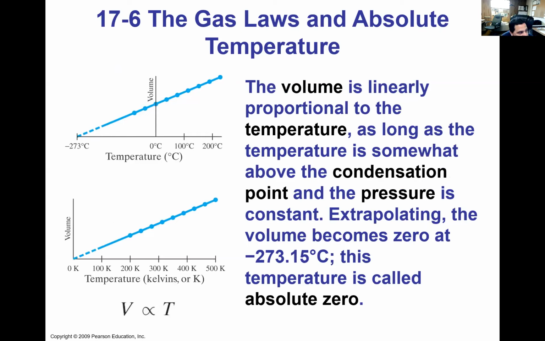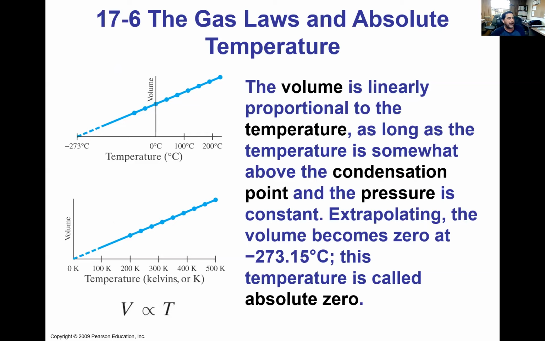Volume is linearly proportional to temperature as long as the temperature is somewhat above condensation point. So basically, so long as it's not starting to turn into a liquid, and assuming that the pressure stays constant, right? So now we're looking at changes with volume and temperature, keeping pressure constant.